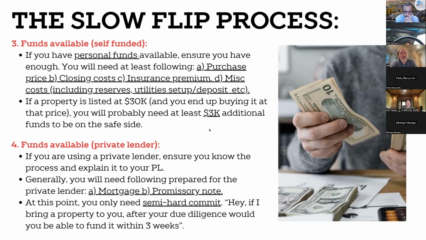Now, if you have a private lender, you need to first understand the process. What do you have to do? And if you don't, then maybe that could be another coaching call we could do. But generally, if you have a private money lender, you would need to create a mortgage and a promissory note for them, which means you'd have to have an attorney look at it.